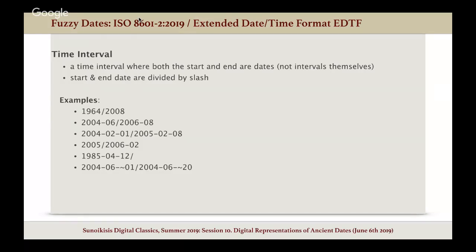But you can add also month and days. You can mix the precision, having one only the year, and the other would be year plus month or day. You can leave either the start or end open by leaving it blank. And you can also add some of these qualification characters, which I just mentioned.